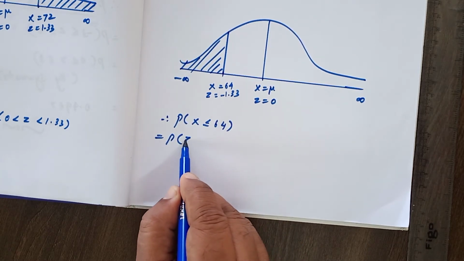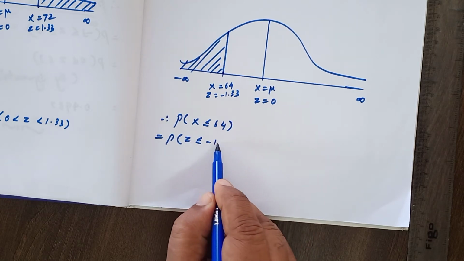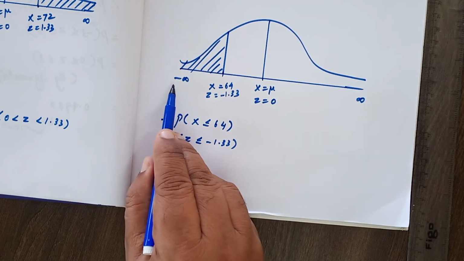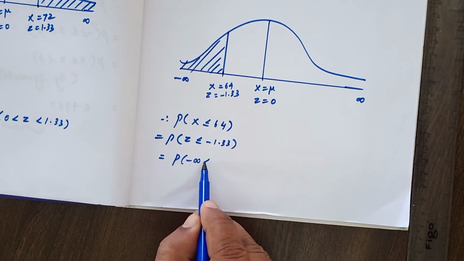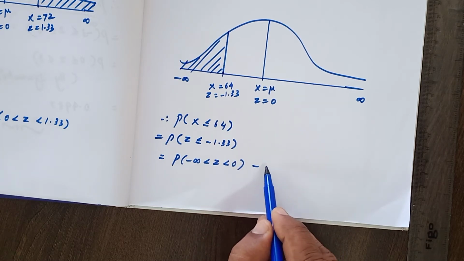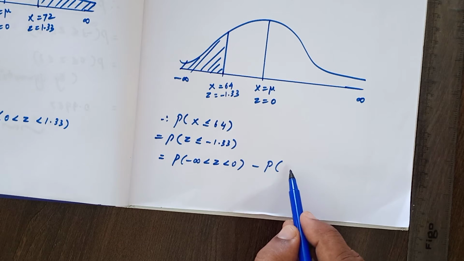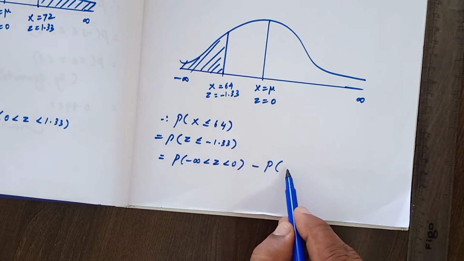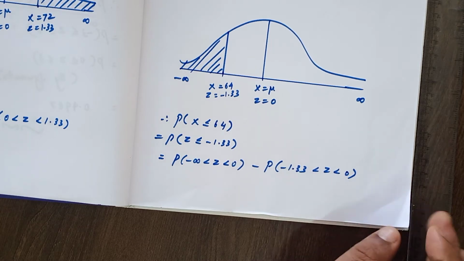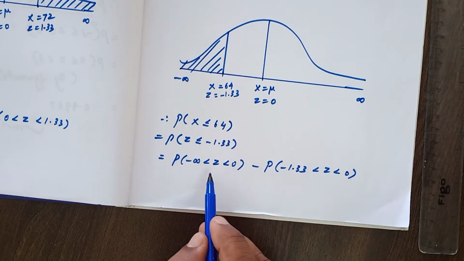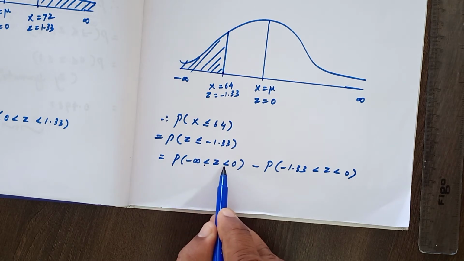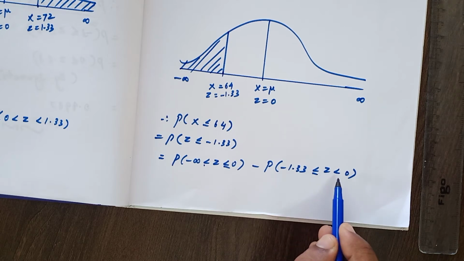We have changed the x into z, less than or equal to the corresponding value minus 1.33, equals, start from here, minus infinity to 0, minus infinity less than z less than 0, minus probability of minus 1.33 to 0, minus 1.33 less than z less than 0. Since you are given less than or equal to, put less than or equal to here, but for infinity no less than or equal to.